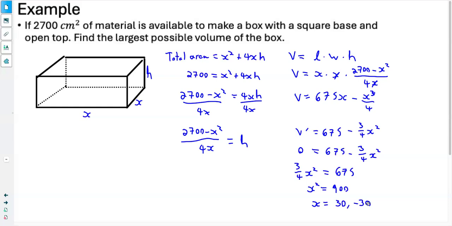Now, would it make sense to have a negative side length? Not really, so therefore we know we just have that 30. Now, before we do a line graph of this, we should figure out what our domain is.